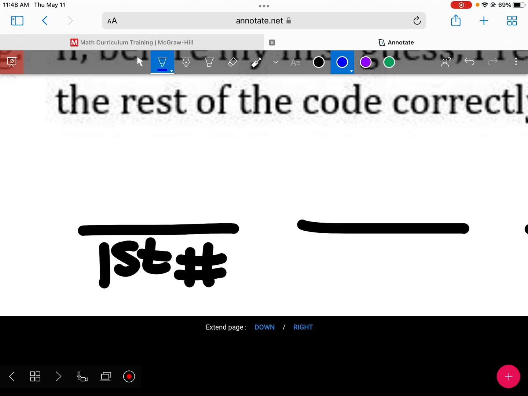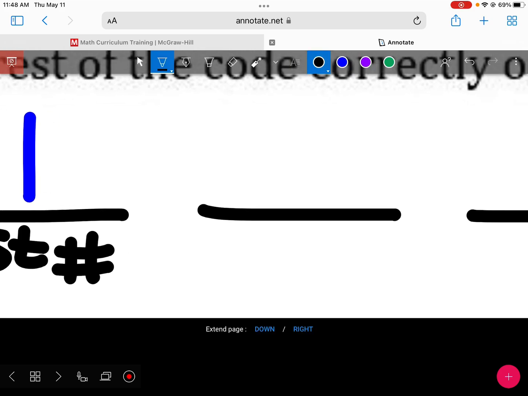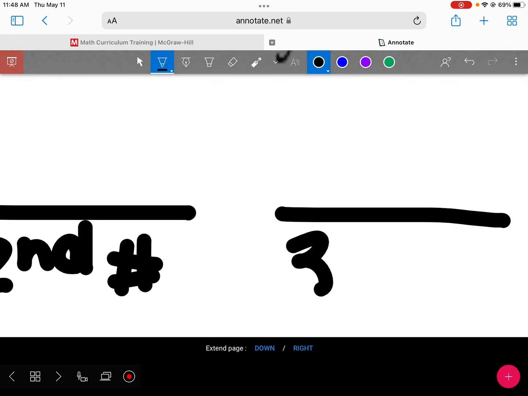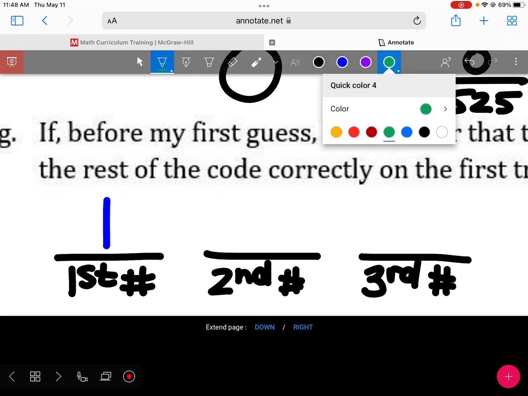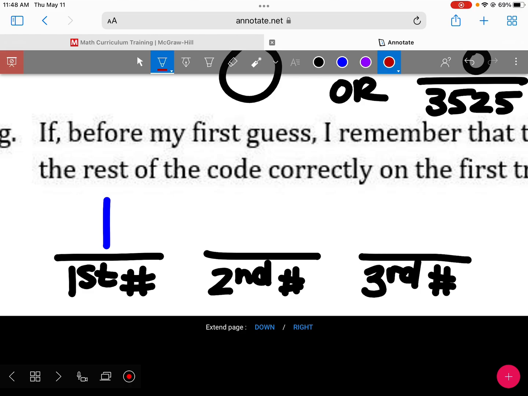What do I know the first number is? It's a 6. So I have one option for that first number. I know it's a 6. Does it tell me anything about the second number or the third number?